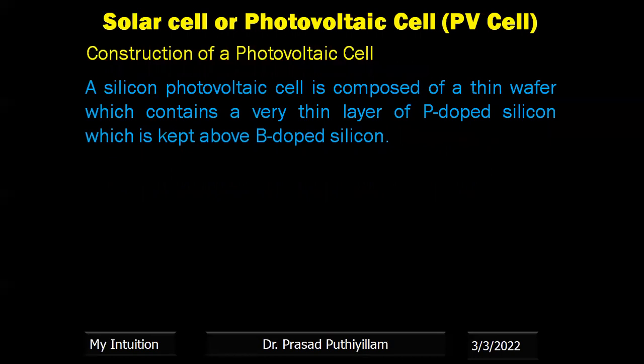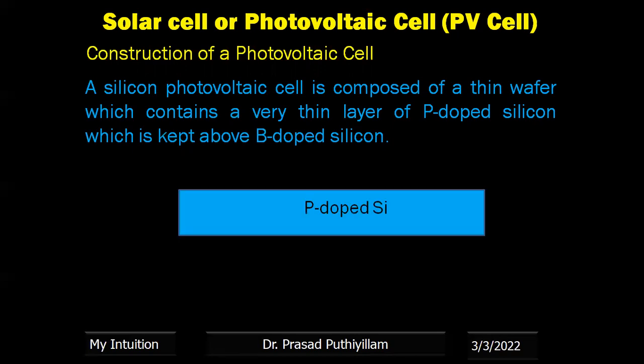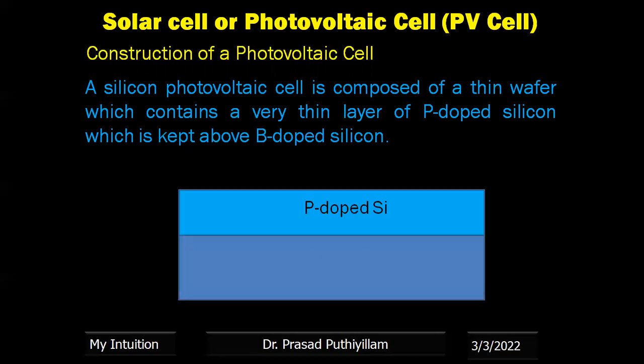A silicon photovoltaic cell is composed of a very thin wafer. A wafer means a sheet, which contains a very thin layer of phosphorus-doped silicon kept above boron-doped silicon. So I'm drawing that: phosphorus-doped silicon and boron-doped silicon. We know silicon is a semiconductor, but it needs to be doped to make it an extrinsic semiconductor. Doping can be done by two methods: either phosphorus, which is a pentavalent impurity, or boron, which is a trivalent impurity.